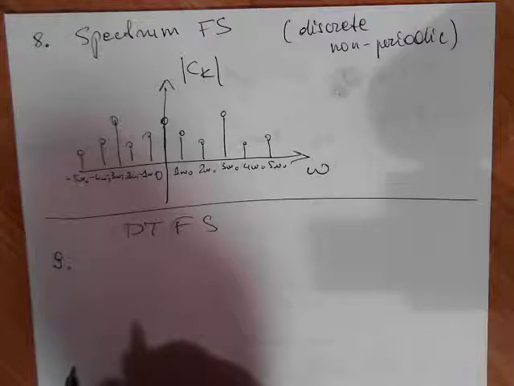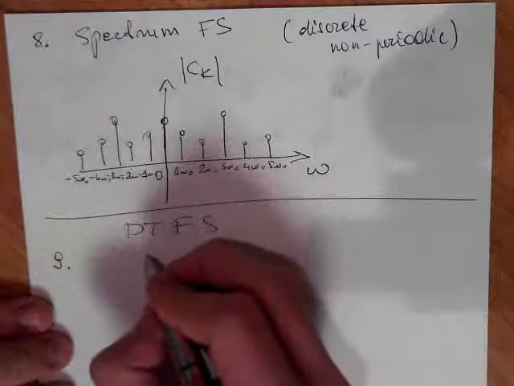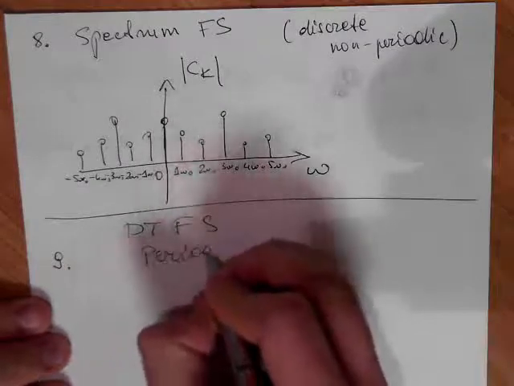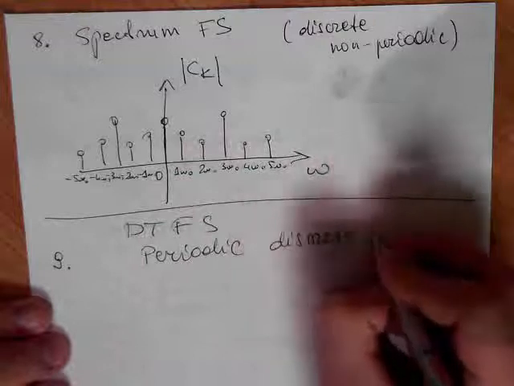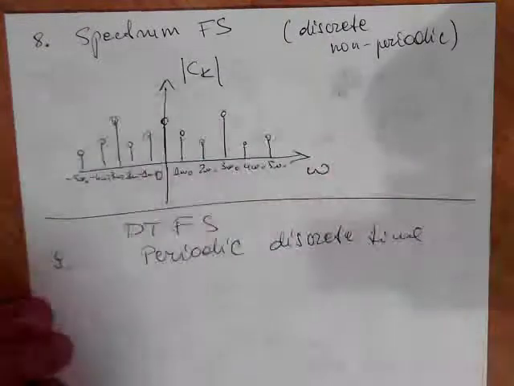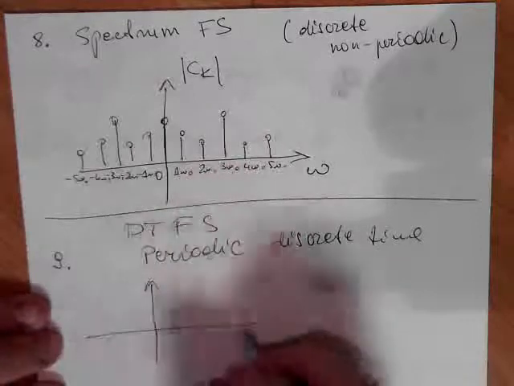What signals are expanded by DTFS? These signals are periodic but discrete time. Periodic and discrete time, so it means that it is the same signals as we saw previously.